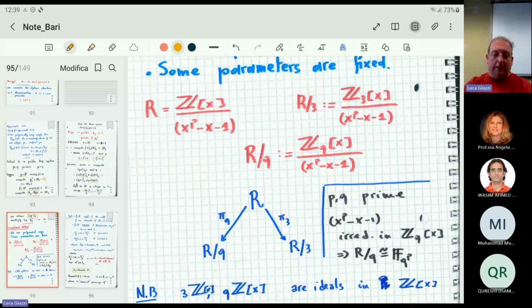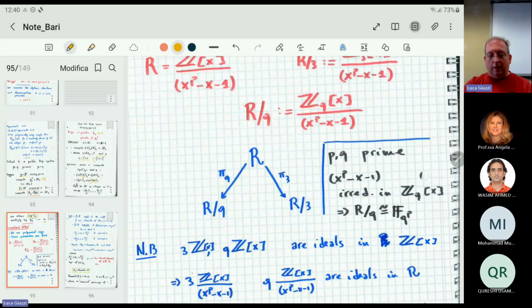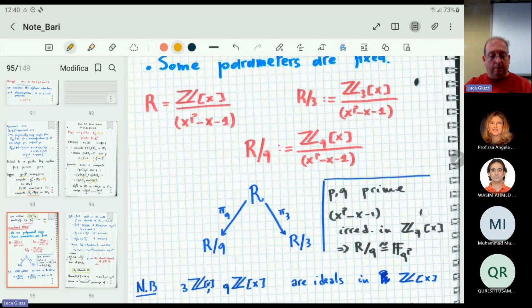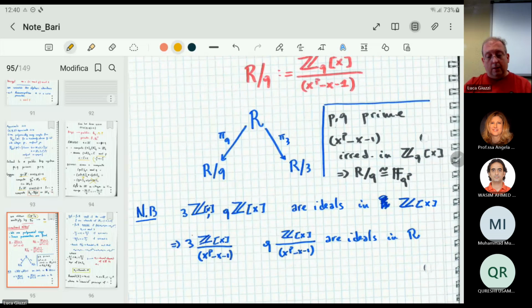Before we had here Z instead of R, here we had Z_P, and here there was Z_Q. I require also that this is a field. Like I said, we do not require x^p - x - 1 to be reducible here, but here it can be.